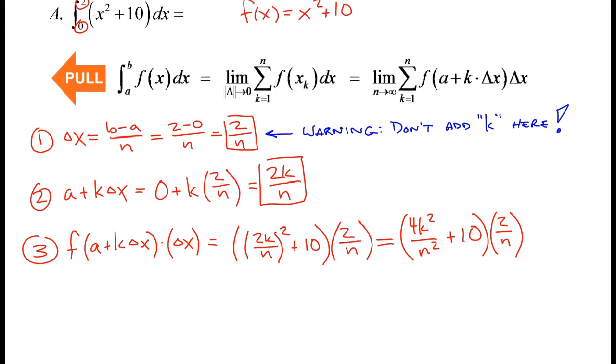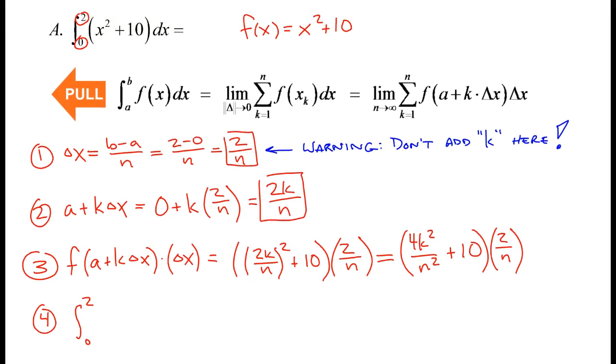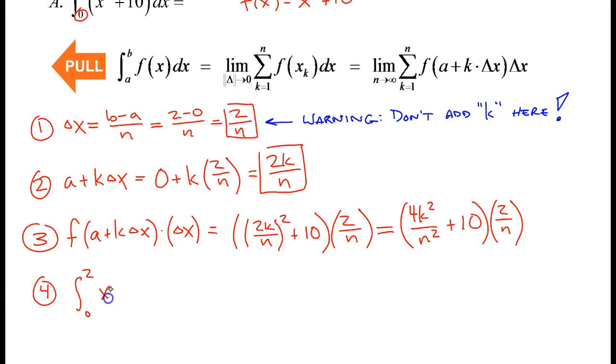The steps in the notes page were numbered 1, 2, and 3, but the fourth step is really just to write this in the Riemann sum notation. So I'm going to go back and write my original definite integral. It was the integral from 0 to 2 of x squared plus 10 dx. And this now equals the following.